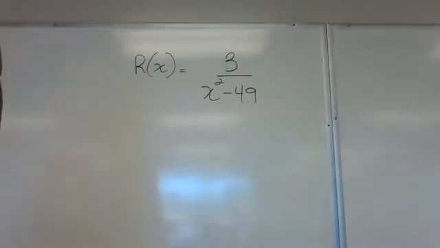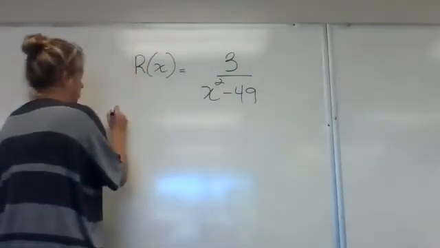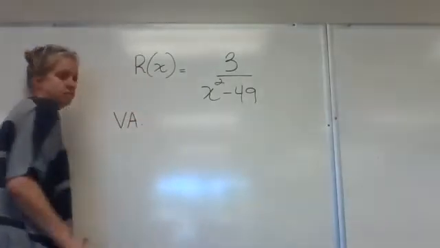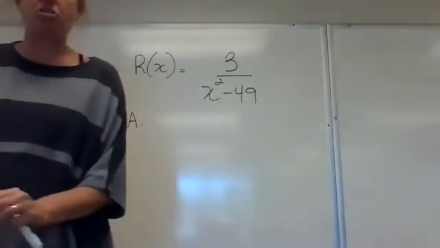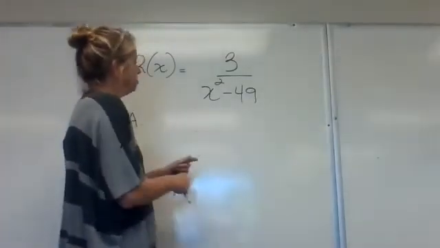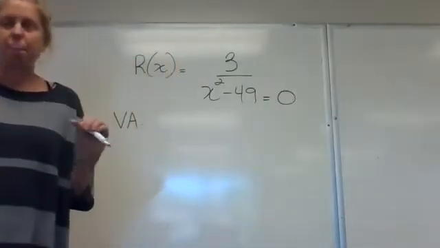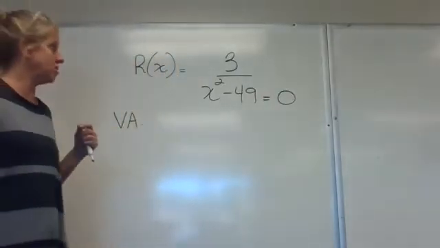And I want you to list all the asymptotes. So let's do the vertical asymptotes first. And again, that's why I sent you these notes, so you can just refer back to them on how to find this stuff. The vertical asymptotes are zeros of the denominator that are not also zeros of the numerator.